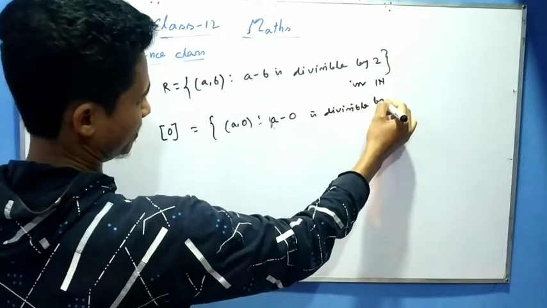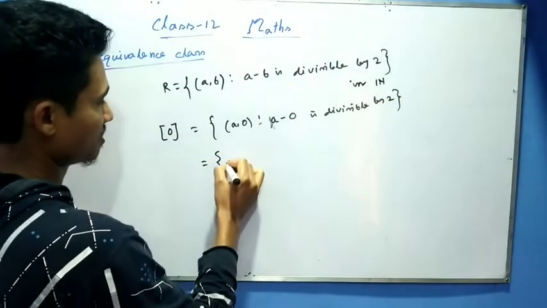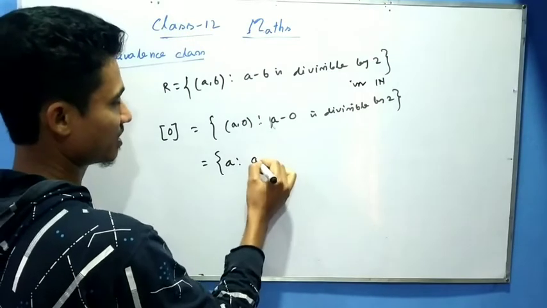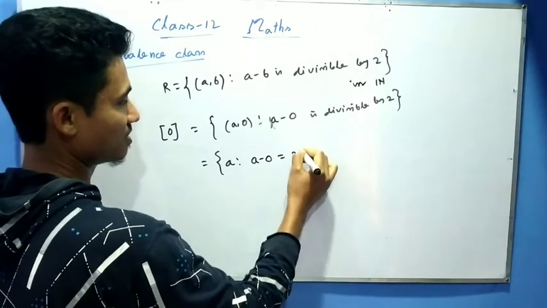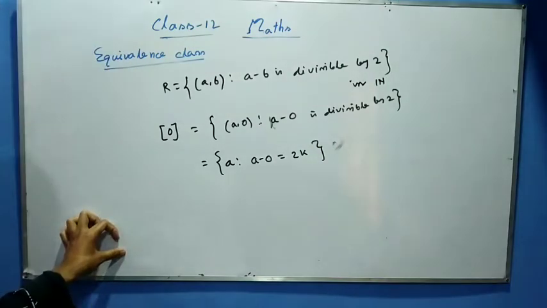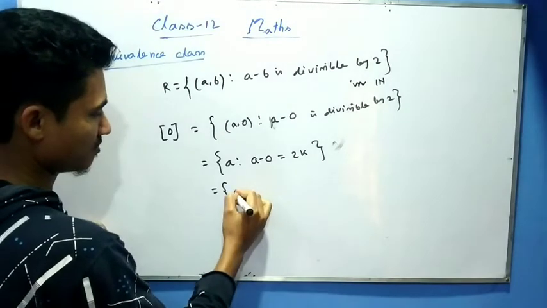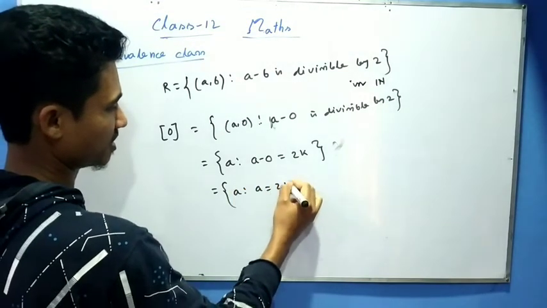Divisible by 2. Now the value of a such that a minus 0 is 2k, where k is any integer. The value of k may be anything, so what is a such that a equals twice k?